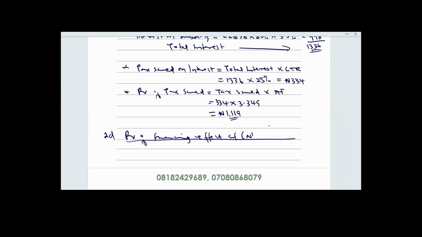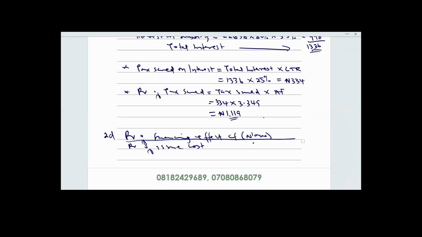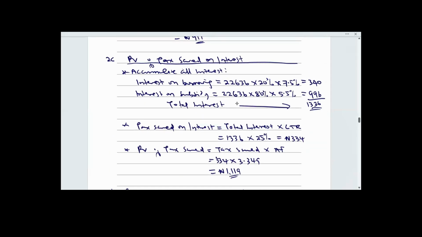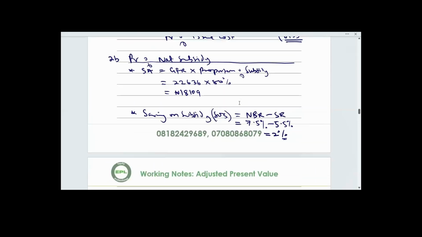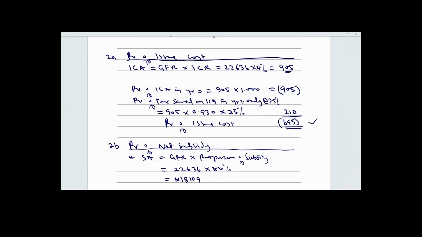My figures are in thousands. I will pick the PV of issue cost, which is 695 negative. Let me confirm. That's 2A, yes, 695.